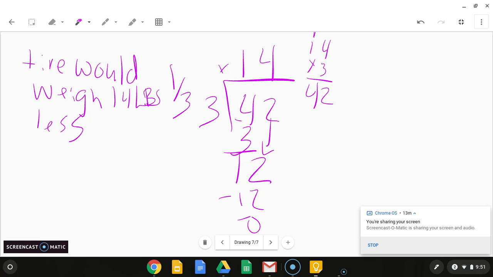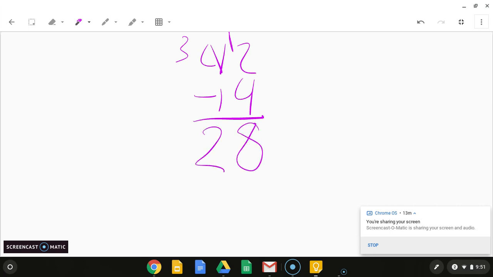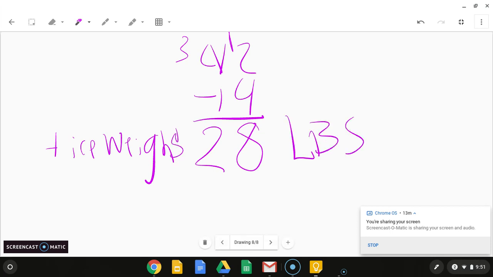We want to find out what the tire would weigh. So we need to take 42 minus 14 to figure out what it would weigh. 12 minus 4 is going to give us 8. 3 minus 1 is going to give us 2. So the tire weighs 28 pounds.